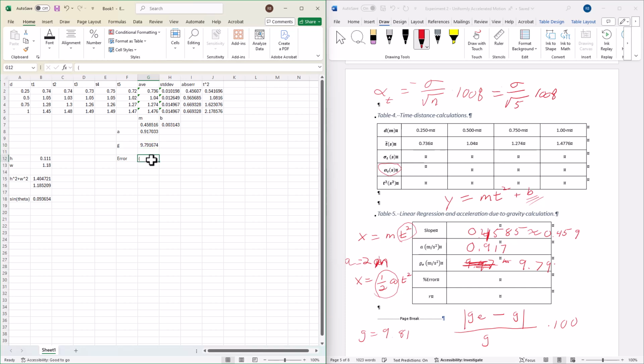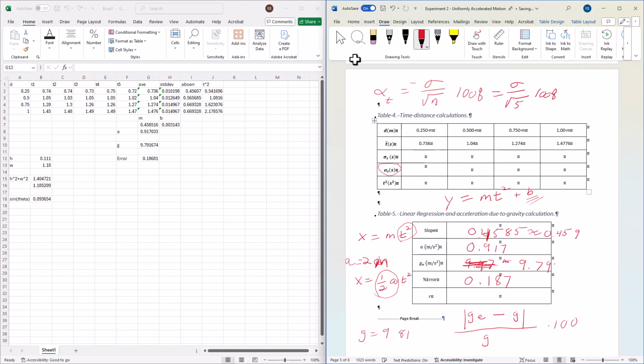My error is going to be equal to the absolute value of that value right there minus 9.81 close parenthesis divided by 9.81 times 100. And that is my percent error. My percent error here is 1.868, which rounds to 1.87. Or 0.187.